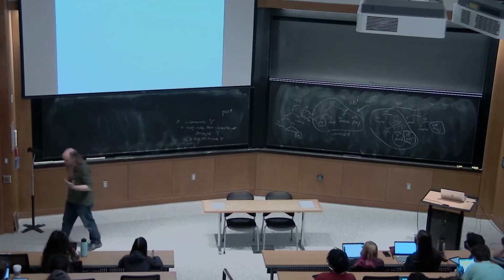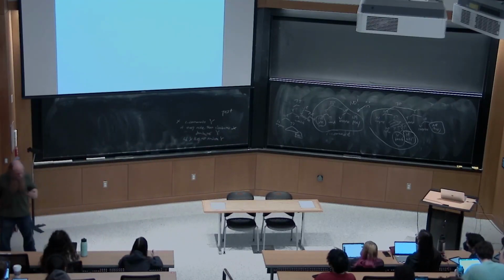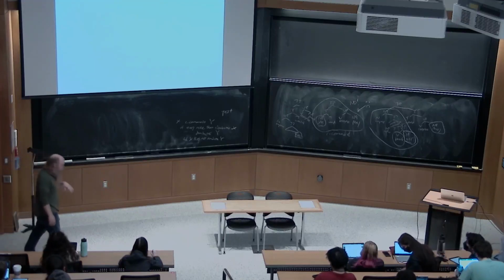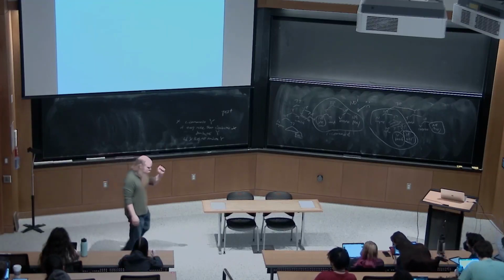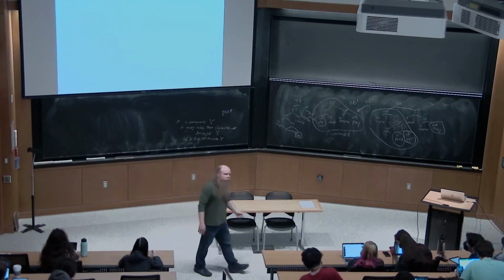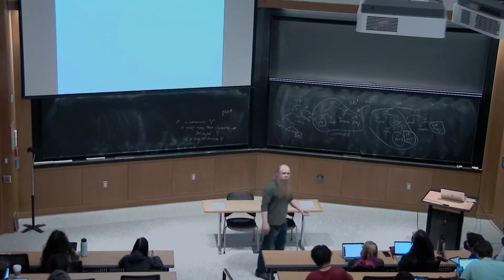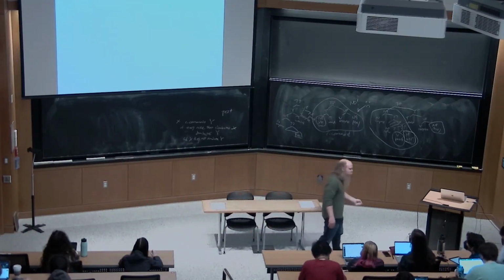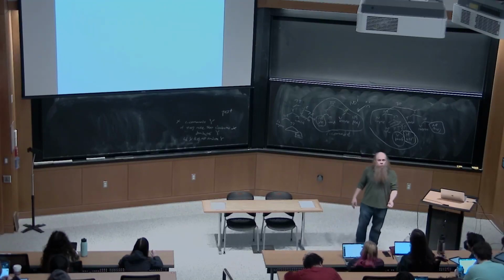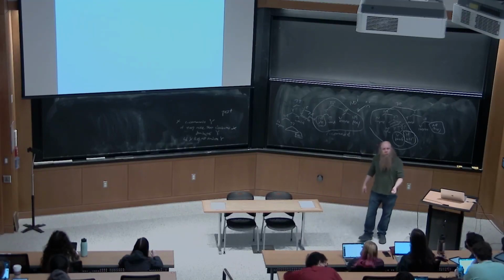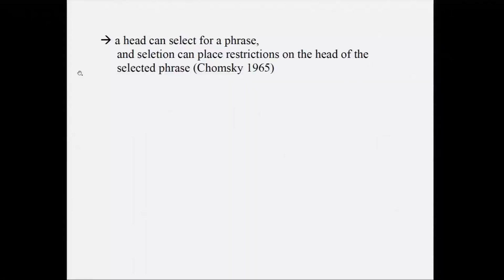He said, it looks like there are all these cases where a verb is not only selecting for a certain kind of phrase, but it's selecting for a certain kind of phrase with a particular head, or with a head of a particular class, like locative. I want a locative preposition, like put. Yeah? Sound right? Okay, cool.